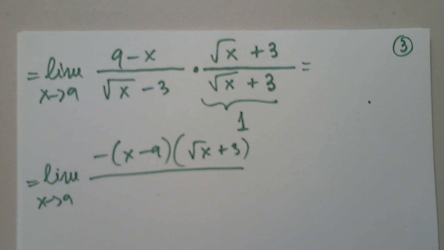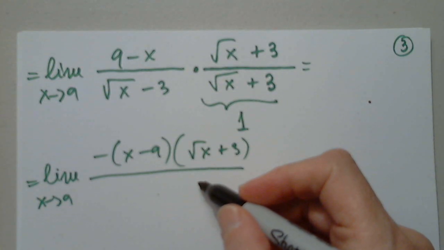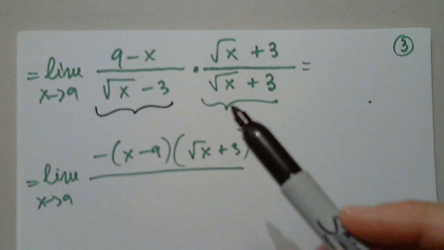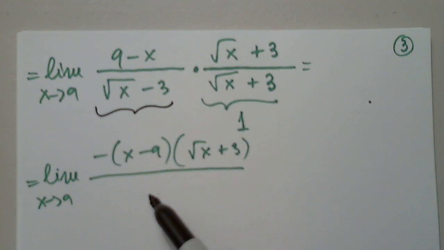9. Okay, what else? So when you multiply x minus 3 by x plus 3, you cannot get just 9. So David, what is your opinion?